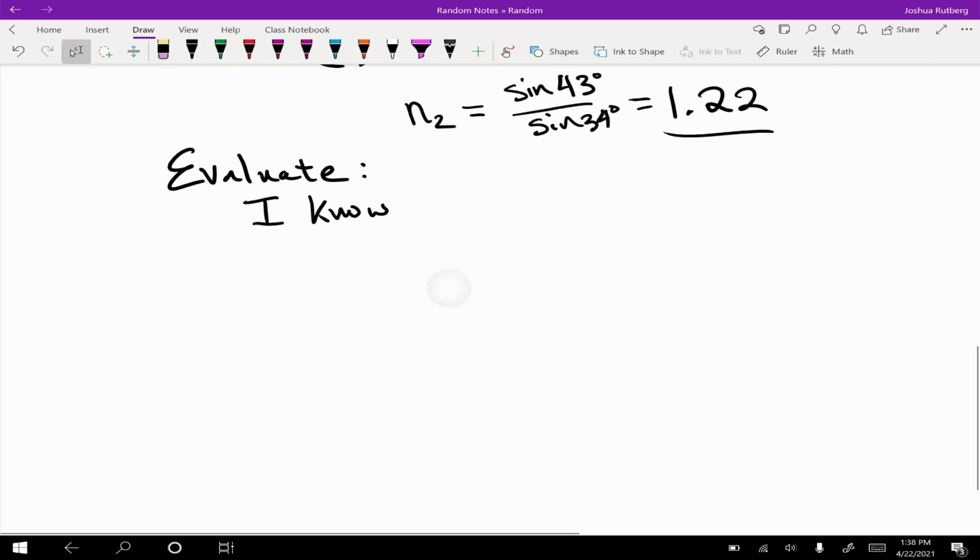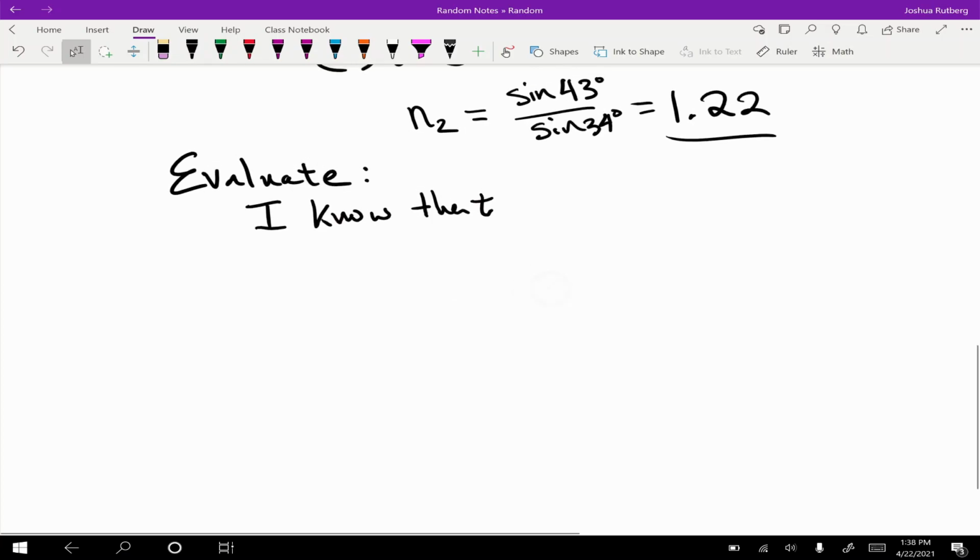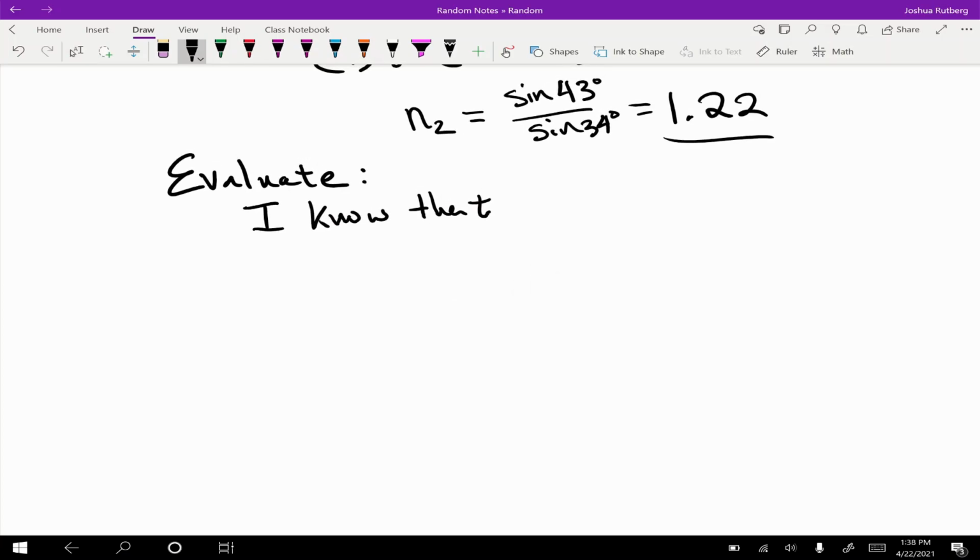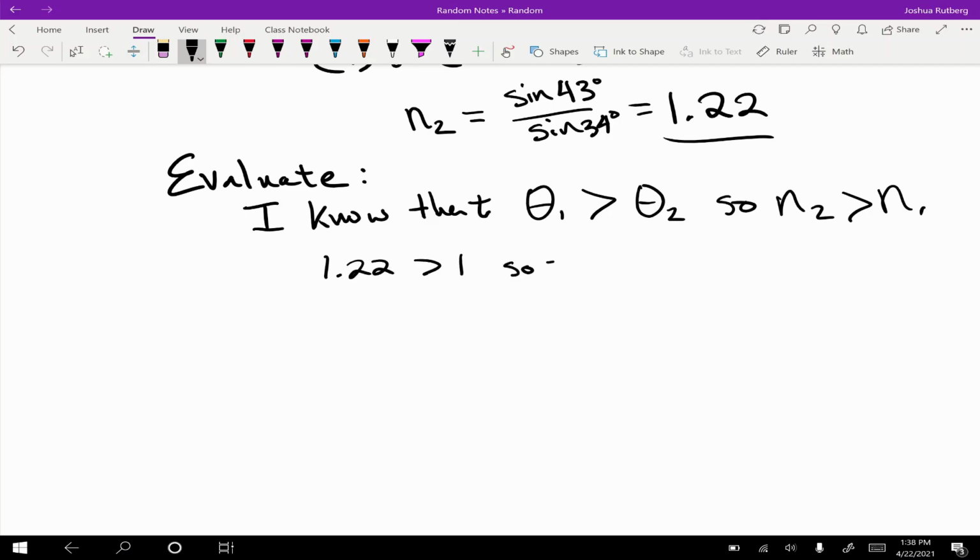I know that theta 1 is greater than theta 2. That means that n2 has to be greater than n1 because that's what Snell's law tells us. 1.22 is in fact greater than 1, so this checks out.